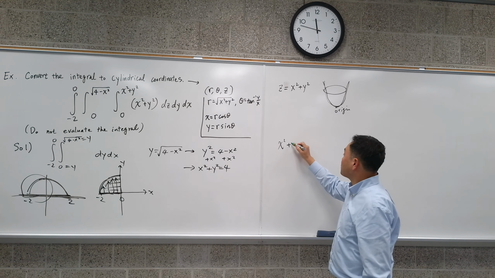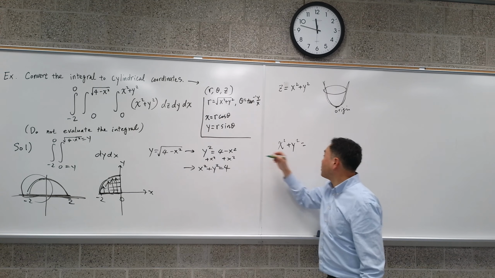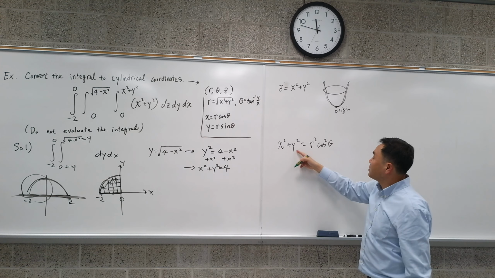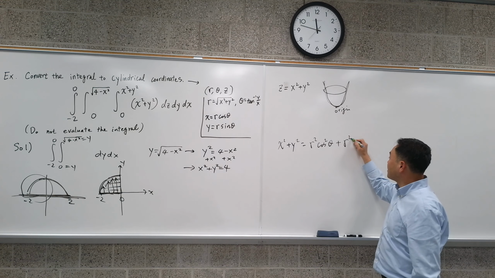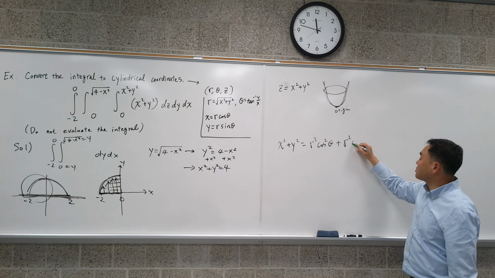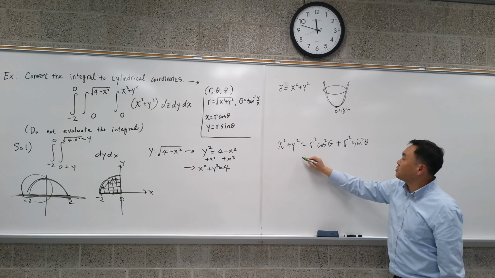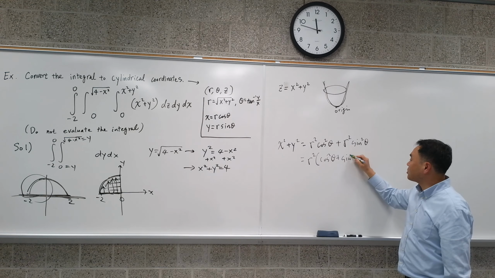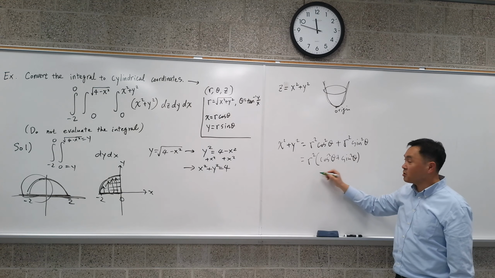x squared plus y squared. Since x is r cosine theta, this is going to be r squared cosine squared theta, and y is r sine theta, so y squared is going to be r squared sine squared theta. And then if you factor the r squared out, you get cosine squared theta plus sine squared theta, which is equal to 1, and you get r squared.